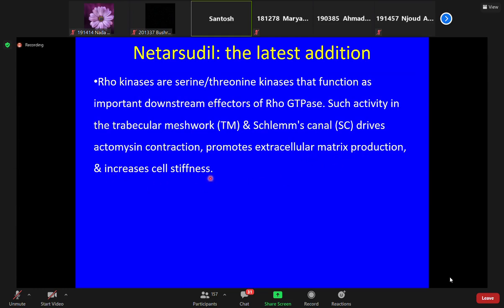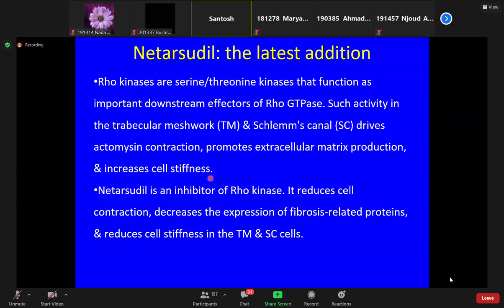So netarsudil is an inhibitor of Rho kinase. If you inhibit Rho kinases, then this actomyosin contraction, production of the extracellular matrix, and cellular stiffness will all be inhibited.